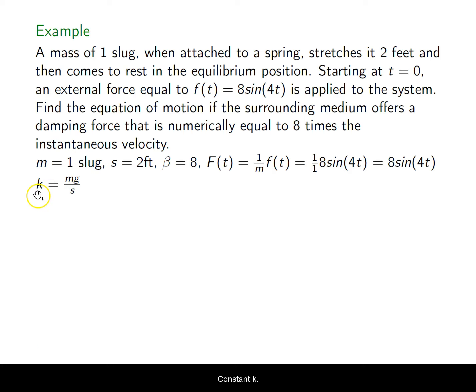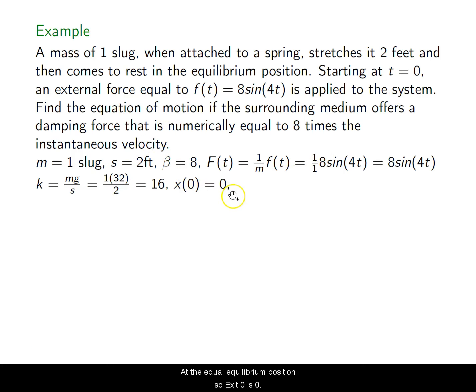My constant k is the mass times gravity. So mass is 1, gravitational constant is 32, my stretch is 2. So I throw that all in and I get 16. My initial value of 0 says that I am applying this external force at the equilibrium position.